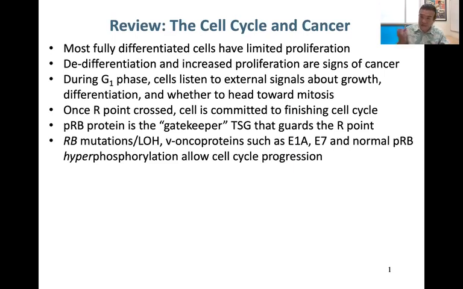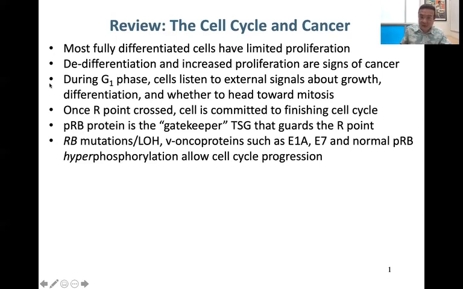Because they're more focused on staying differentiated, doing their job until they're just physically lost by your body or recycled. So we said that during transformation, events that lead to the de-differentiation, right, coupled to events that lead to increased proliferation, those are some of the hallmarks of cancer.